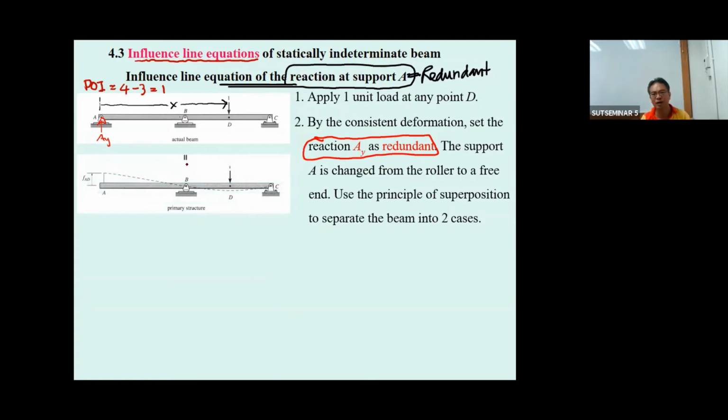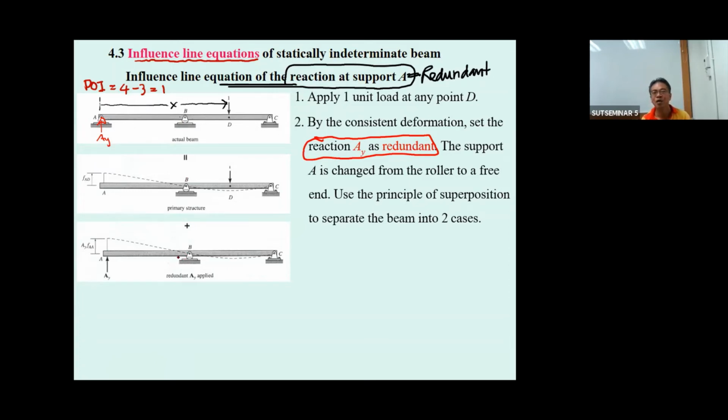This one will equal to, okay, you just take this one out and put the A sub y over here. So the top picture is going to be equal to the middle one plus the bottom one.